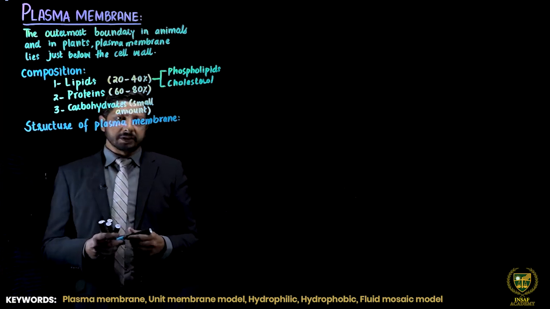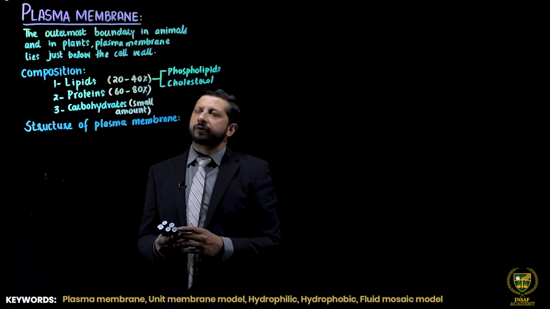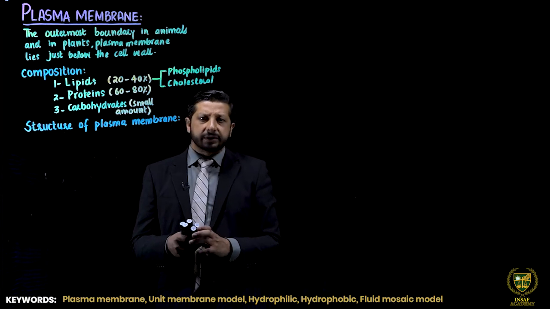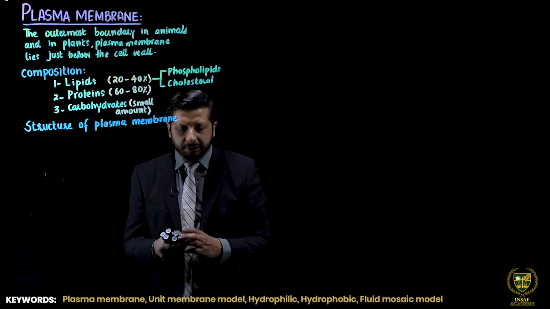As far as structure is concerned, many biologists contributed regarding the structure of the plasma membrane. But among them, there are 2 models which are frequently associated with the plasma membrane structure.